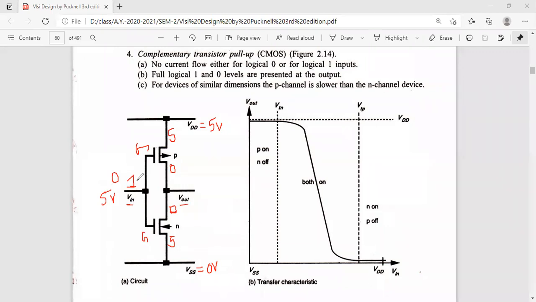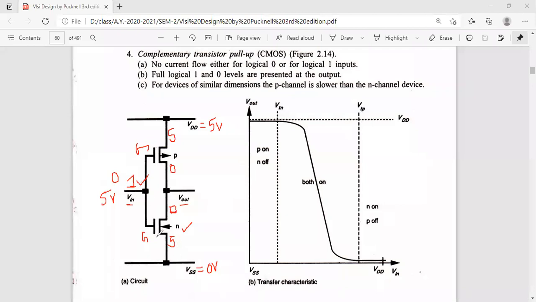So at this point, when I have given an input voltage of 5 volts, that means 1 digitally, this NMOS transistor is going to be on. We know that an NMOS transistor will be on for the positive voltage, that is 5 volts, logic 1.